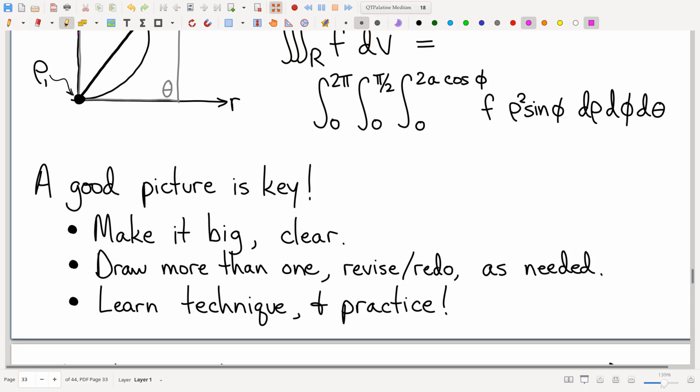Lastly, I think this is really important. You do not have to rely on just your natural talent, your current state of what you know about how to do mathematical drawing. There are techniques.